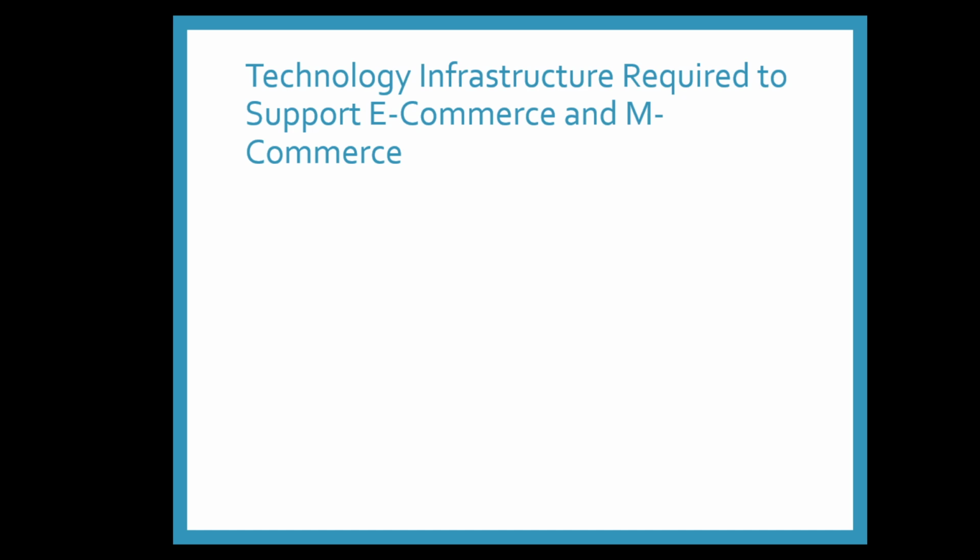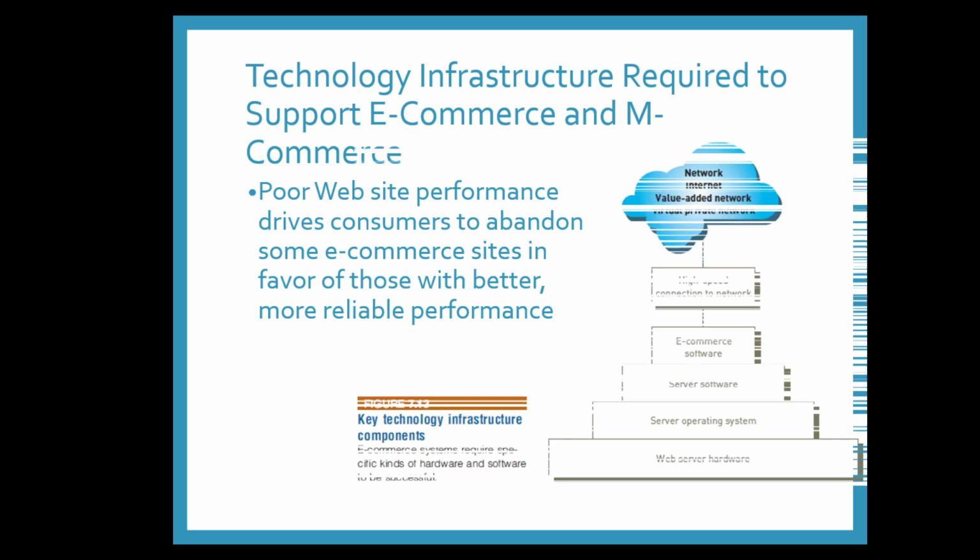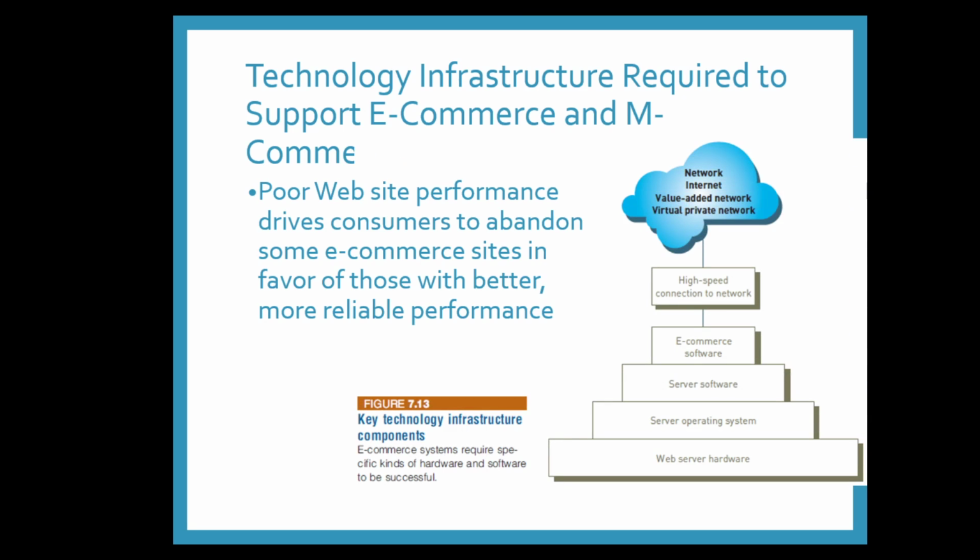Technology infrastructure is required to support e-commerce and m-commerce. Poor website performance drives consumers to abandon some e-commerce sites in favor of those with better and more reliable performance. So that's the reality. That's why we need to optimize the website so that it is light enough, so whenever you have internet troubles, you can still access the website.